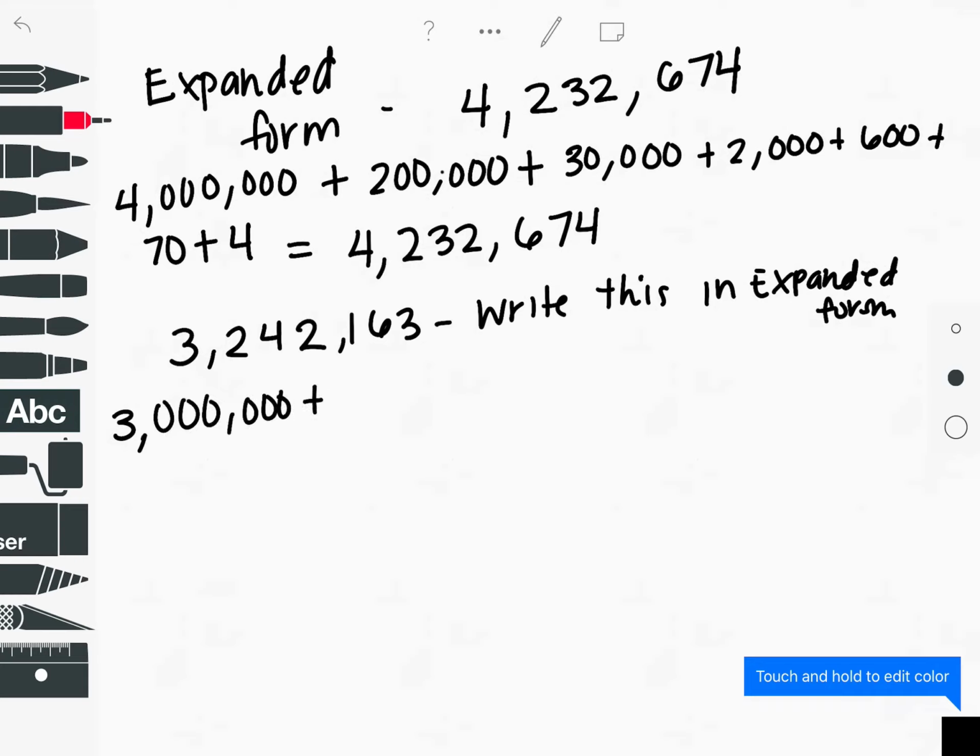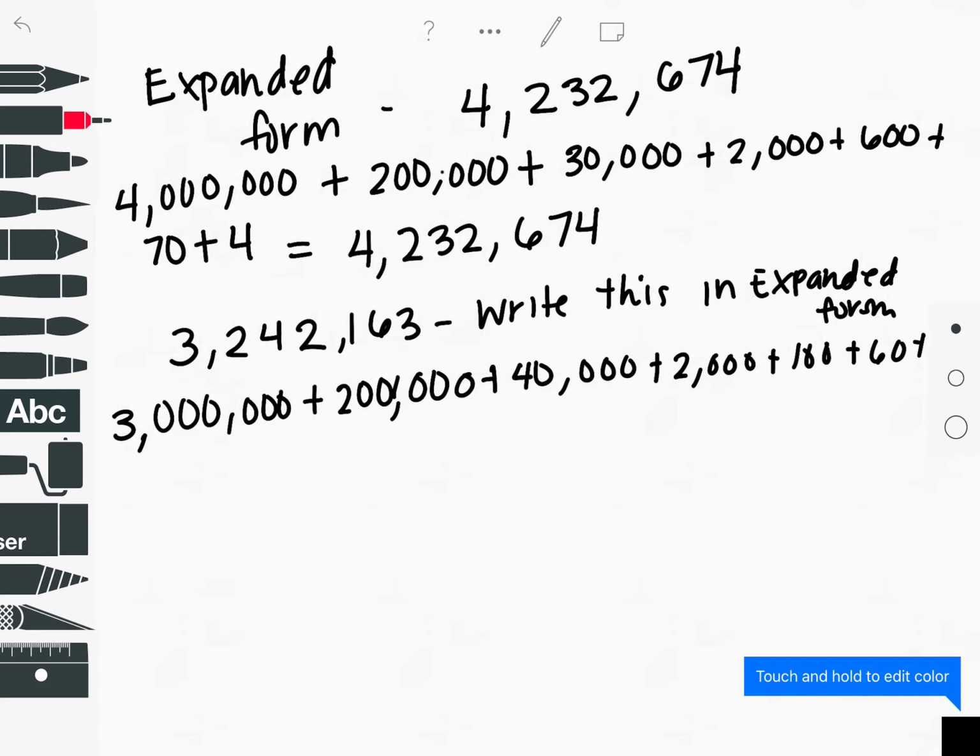And I'm going to add that to my 200,000 plus my 40,000 plus 2,000 plus 100 plus 60 plus 3. If I add all these numbers together, I know my answer will be 3,242,163.